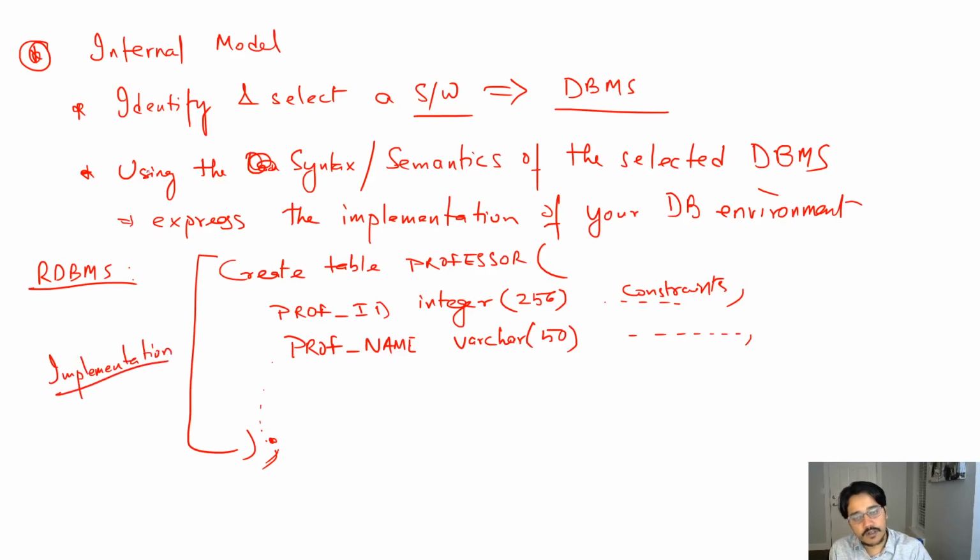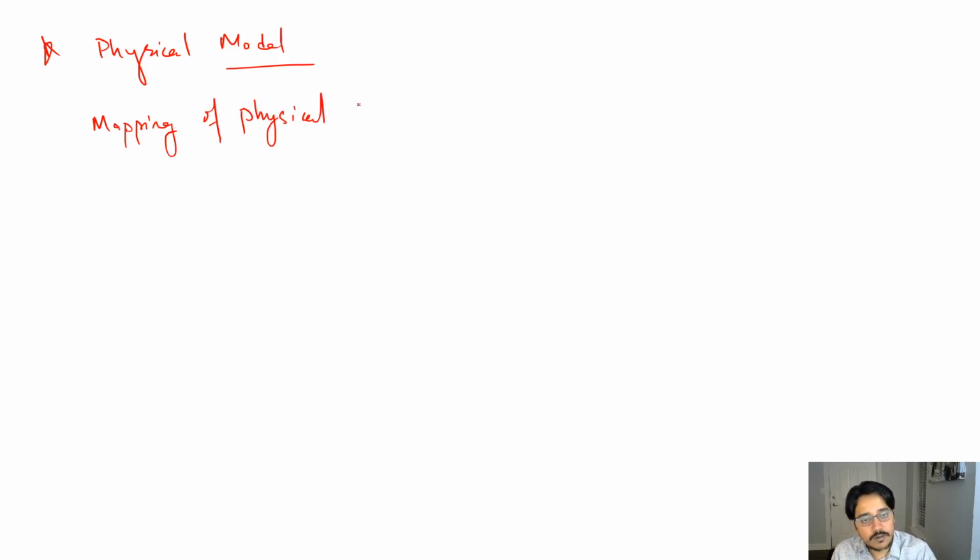So from the graphical representation, you move into the implementation. And then finally, you have the physical model, which is basically the mapping of physical devices to your implementation code.